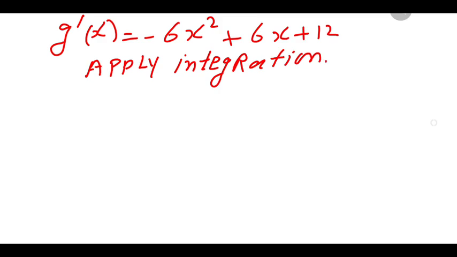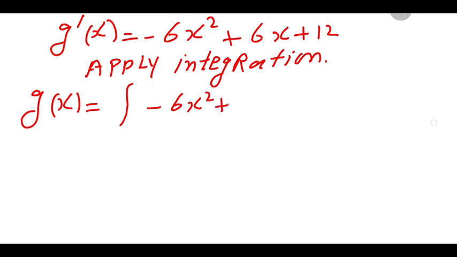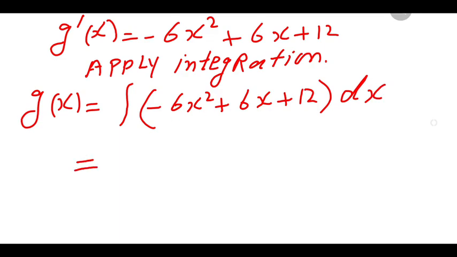Now apply integration. The original function g of x is equal to the integral of -6x^2 + 6x + 12 dx, the function we were given. With respect to x we are going to integrate. Negative 6 I'm going to leave just like this.